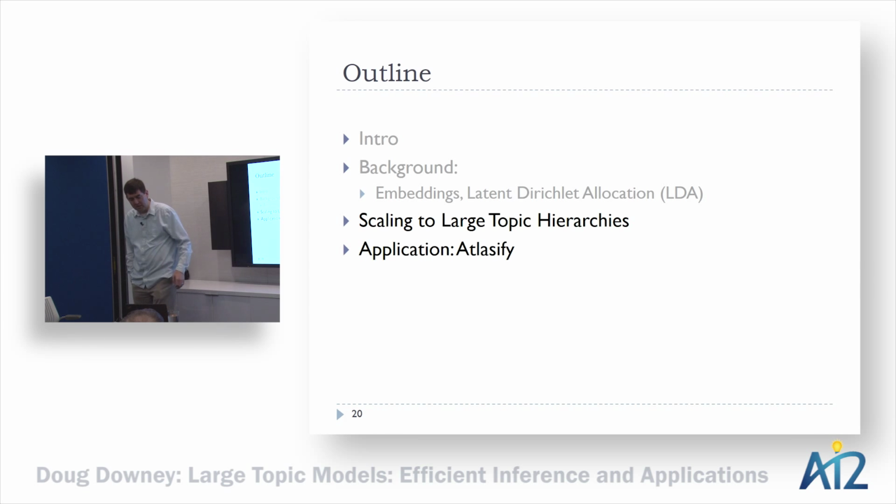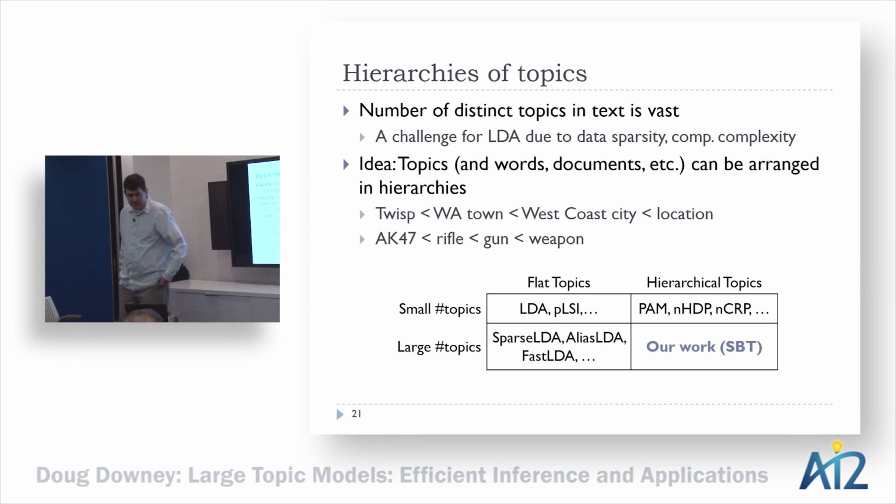Okay. So now let's talk about hierarchies. This is now our new work. There's a funny thing about how people use topic models in practice. You'll see a lot of people work with data sets the size of Wikipedia, but they still use relatively small sets of topics, like 200 or 300, which doesn't seem to reflect the actual reality of the corpus.